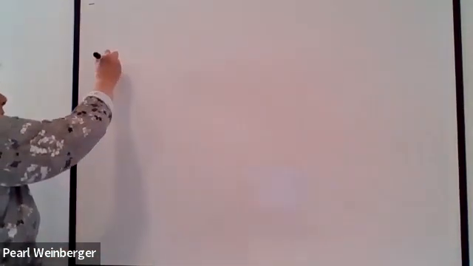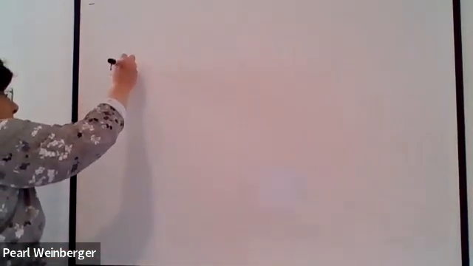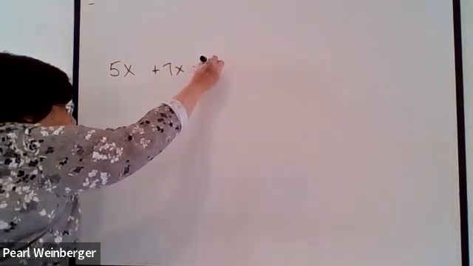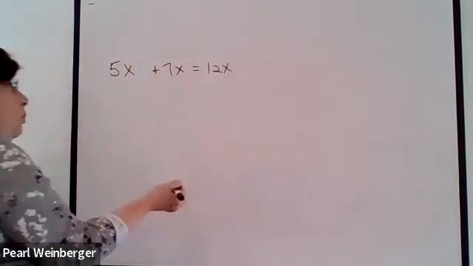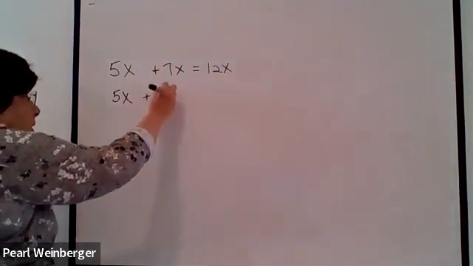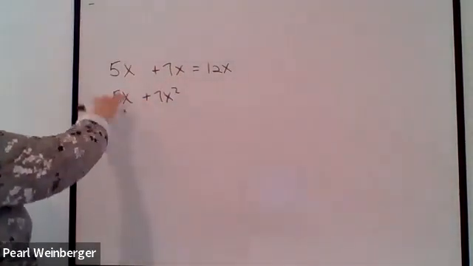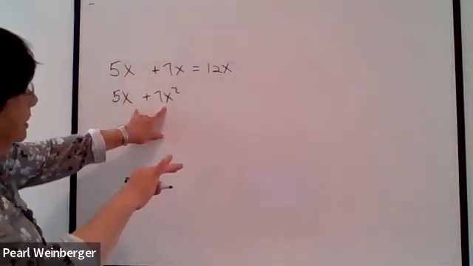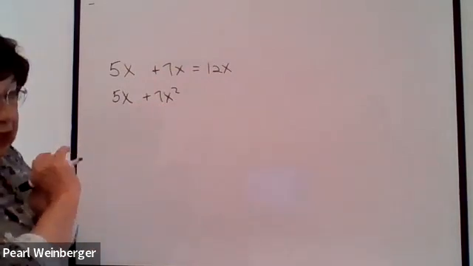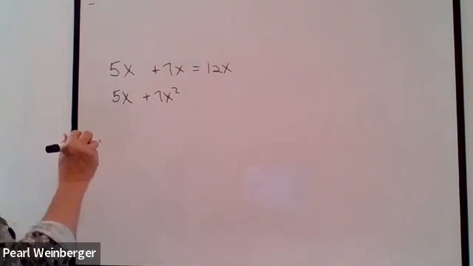In other words, if I have a 5x plus a 7x, I can combine those to 12x. Whereas if I have a 5x plus a 7x squared, they can't be combined, simply because they are not like terms. Let's see how this works with radicals.